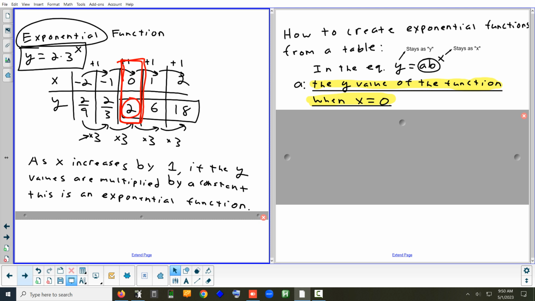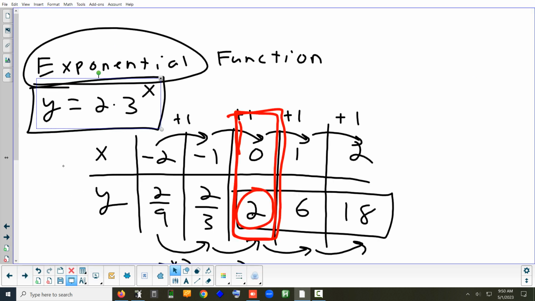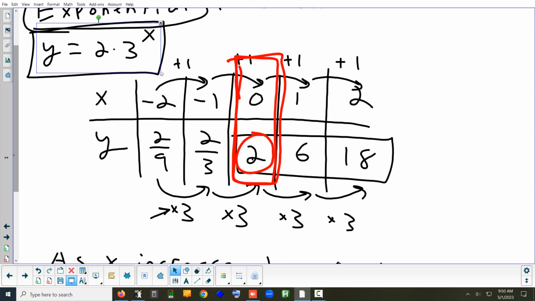Now, before I even show you the B value, look at the table, and does anybody think they see where the B value comes from in the table? Well, what is the B value? John?